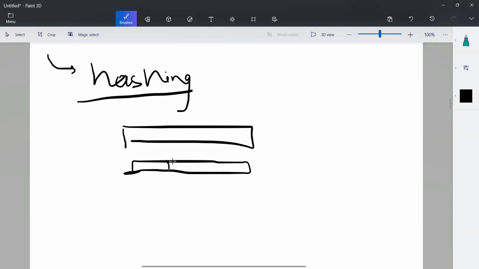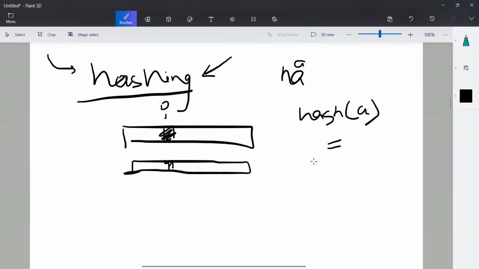If this position is removed from both of these strings, we can simply compare. But I think the limitation of hashing is this: if hash of string a is not equal to hash of string b, this means a is not equal to b.